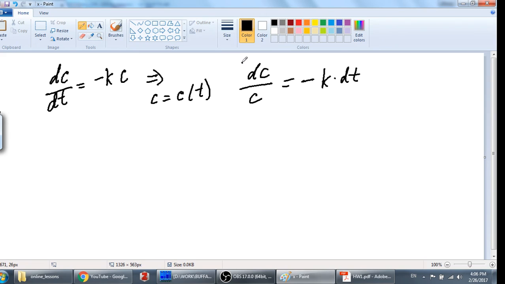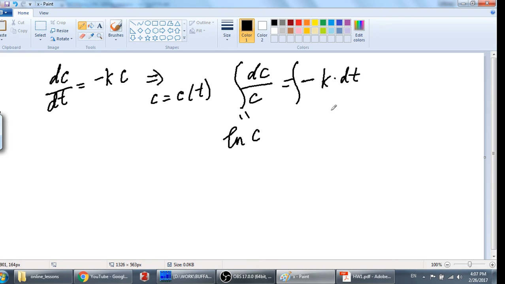Now, the next thing is you just put the integral sign here and here, and you want to compute the integral. This one we just had in the previous example, that's your logarithm of c. Well, in principle, the absolute value of c, but we'll assume it's always non-negative.